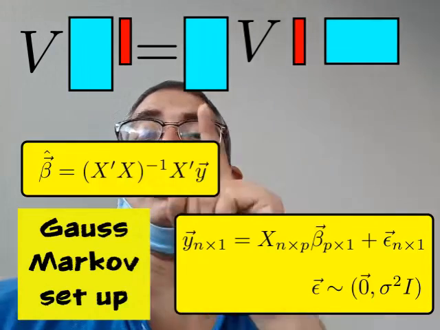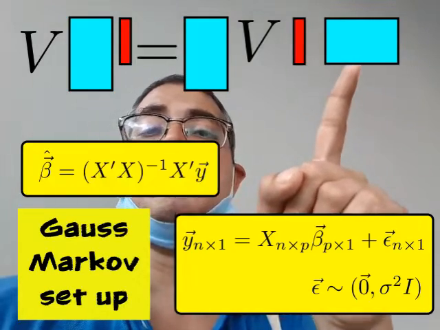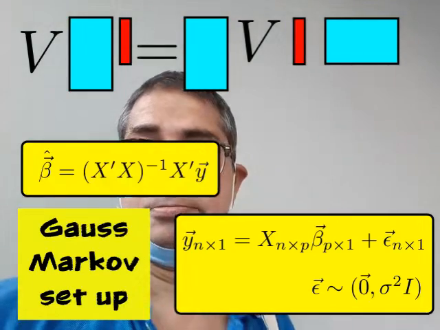So remember, you pre-multiply by the matrix as it is and post-multiply by the transpose.